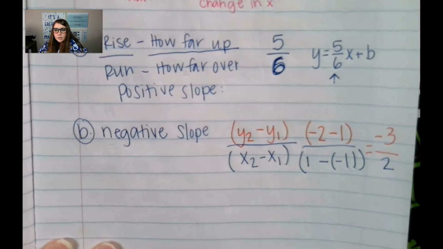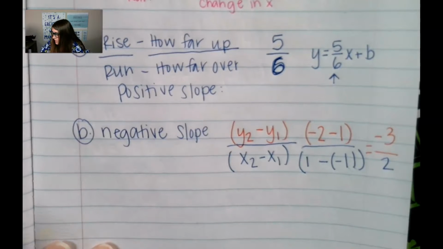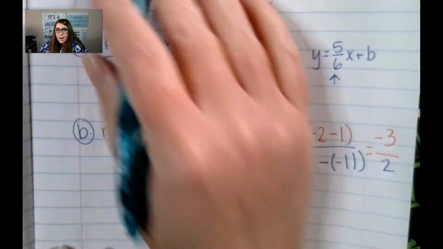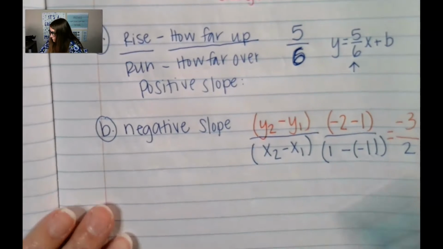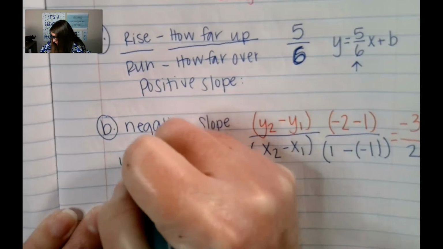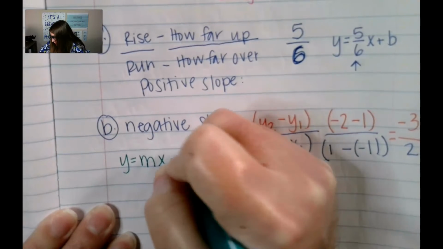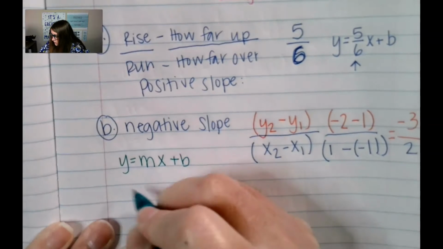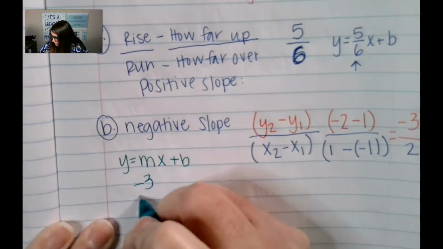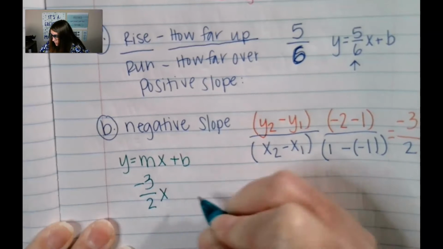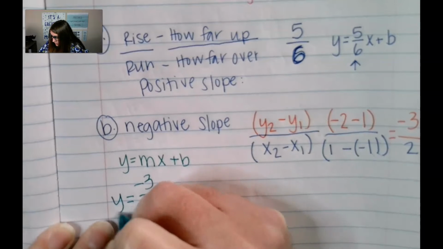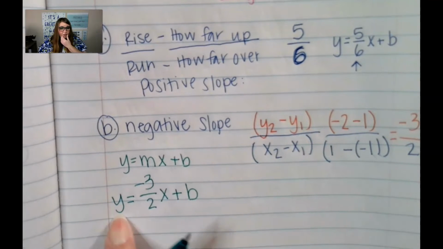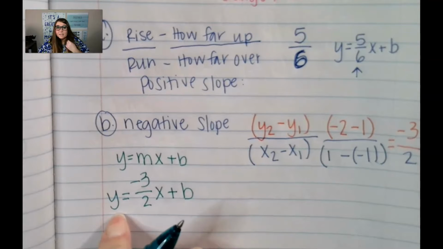So when we put these numbers back into our y equals mx plus b equation, the slope is -3/2 times whatever x is, the x value, plus the b. And that all gives us whatever the y value is.